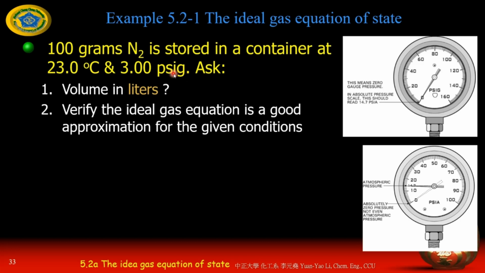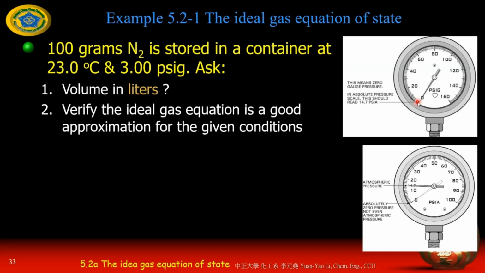Here I just want to let you know, be careful: psig and psia. G is for gauge, A is for absolute. Once you want to use PV equals nRT, do you use gauge pressure or absolute pressure? Absolute pressure, right? In our environment that's 1 atm, but when you have gauge, the gauge pressure goes to 0. Why? Because absolute pressure equals gauge pressure plus 1 atm.